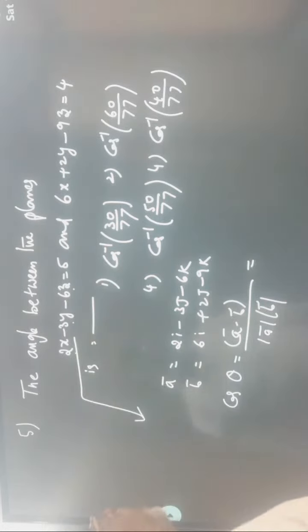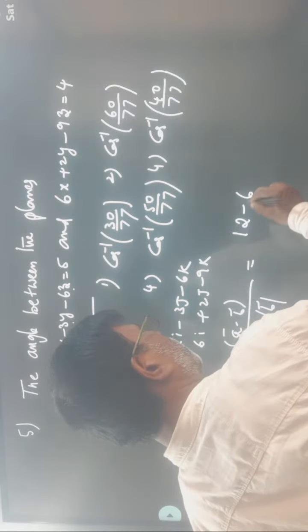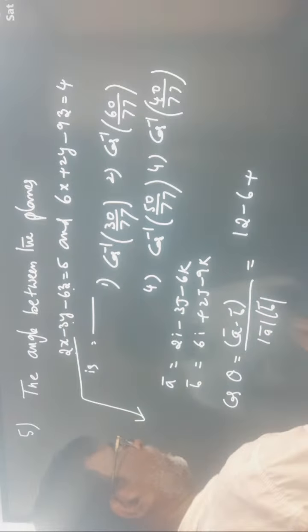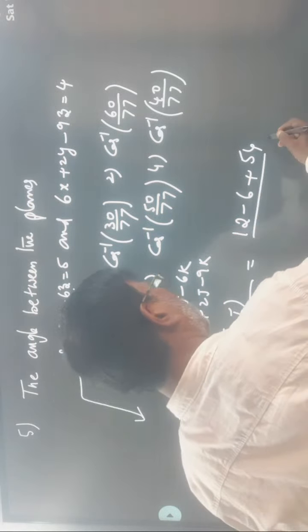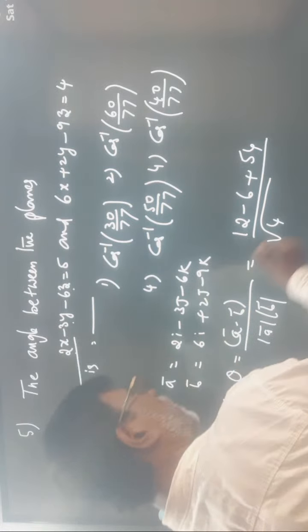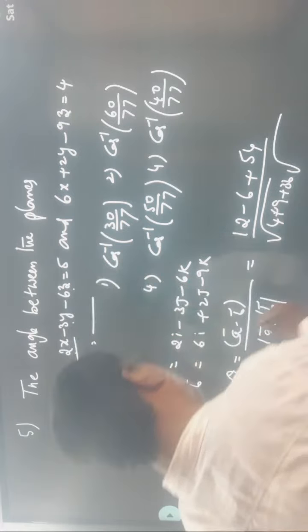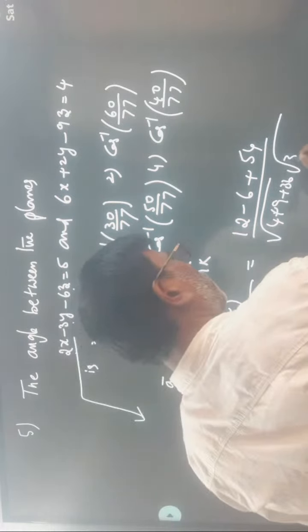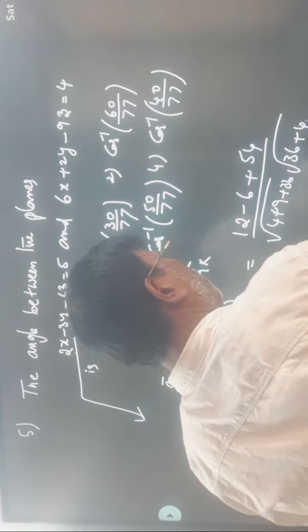So what is A dot B? We have to find out A dot B. 12 minus 6 plus 54, so that is 60, by the root of 4 plus 9 plus 36, and the root of 36 plus 4 plus 81.